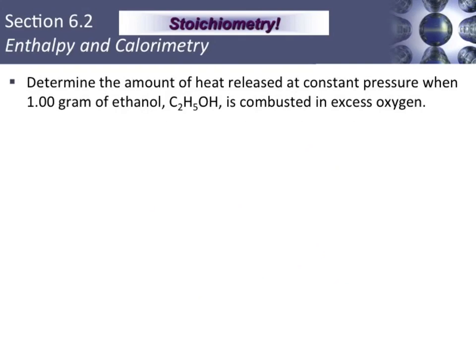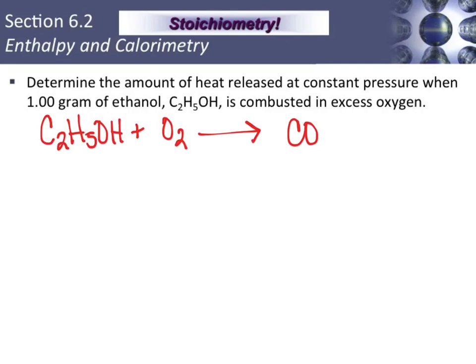All right, next. Determine the amount of heat released at constant pressure when 1 gram of ethanol is combusted in excess oxygen. So now we've got to come up with our reaction. Ethanol is C2H5OH. It is combusted with oxygen to produce carbon dioxide and water.